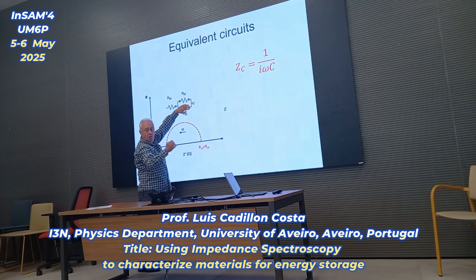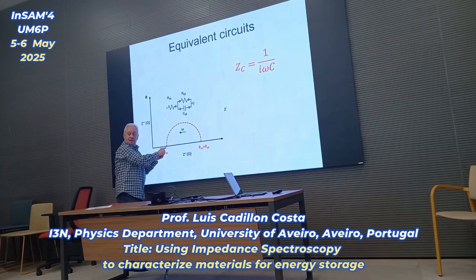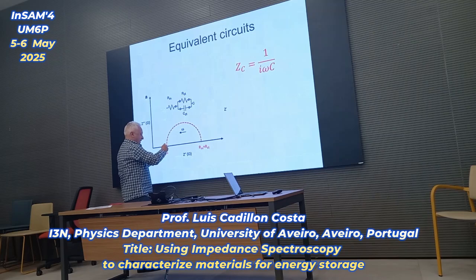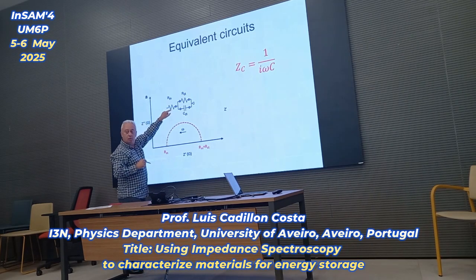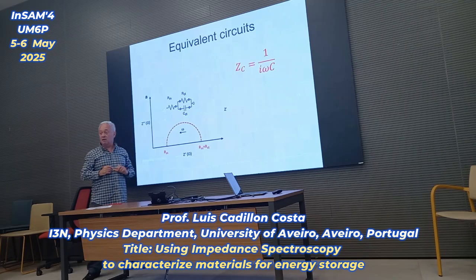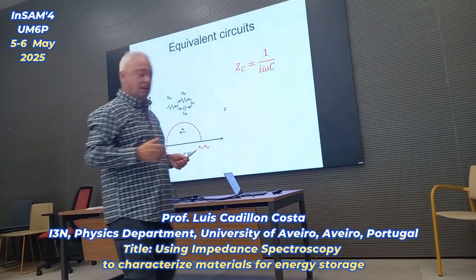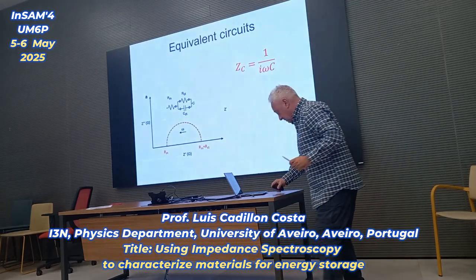When omega increases, this is a short circuit. 0 in parallel with this is 0, so it's 0 plus this. So if I have a circle that is like that, not starting here, I must put in this resistance. So we always have a lot of possibilities.